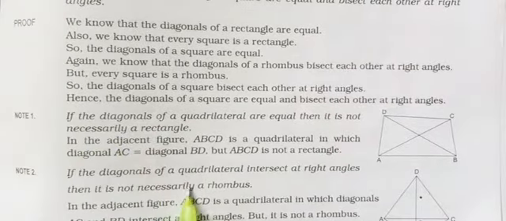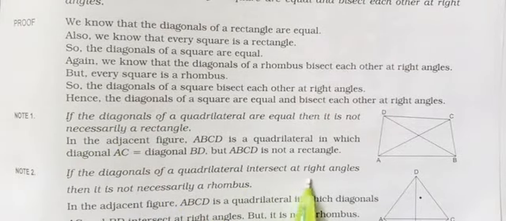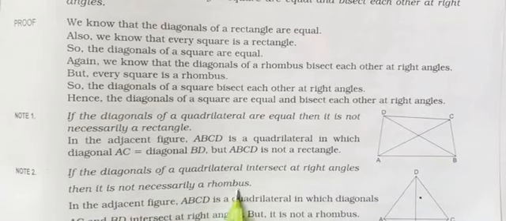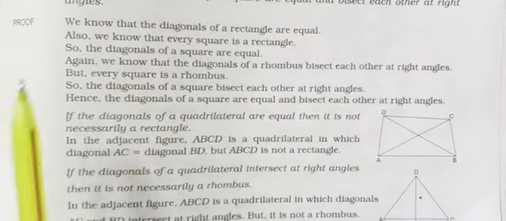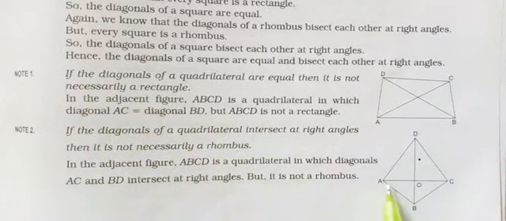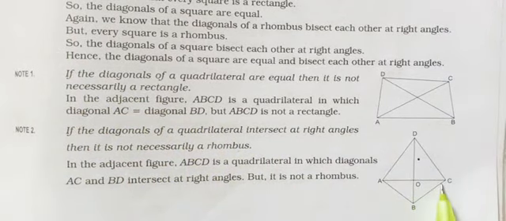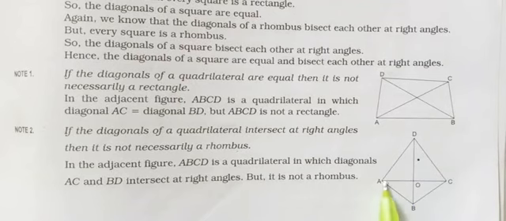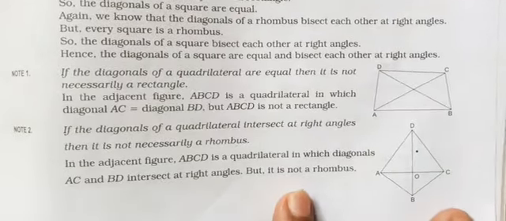Next, if the diagonals of a quadrilateral intersect each other at right angles, then it is not necessarily a rhombus. In this figure, the diagonals bisect each other at right angles, but it is not a rhombus. So these things you have to remember carefully.